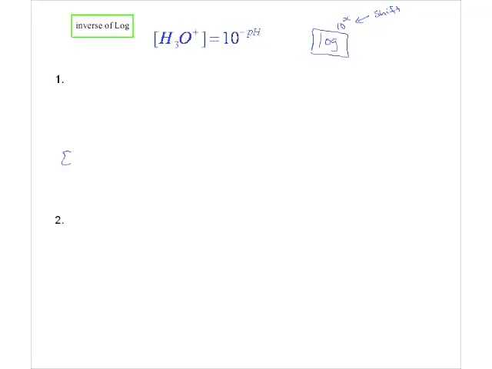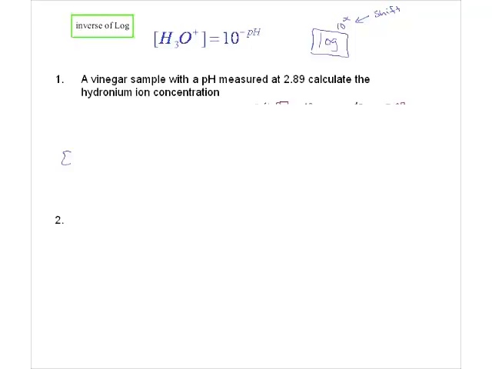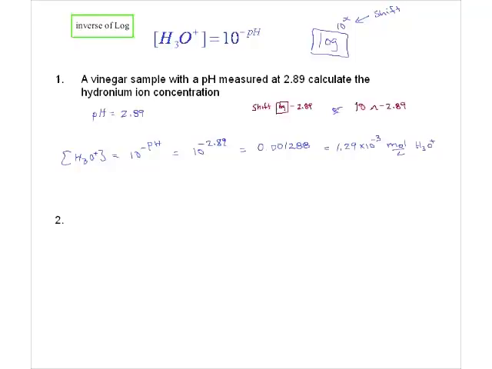So let's look at an example. A sample of vinegar has a pH of 2.89. We want to calculate the hydronium ion concentration, so I go shift log negative 2.89. A lot of people forget to put the negative sign in here, and as a result, they end up getting an incorrect answer.